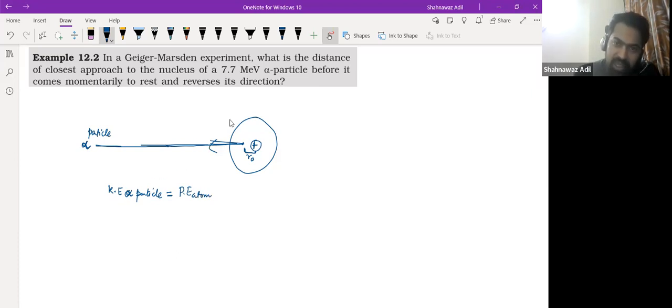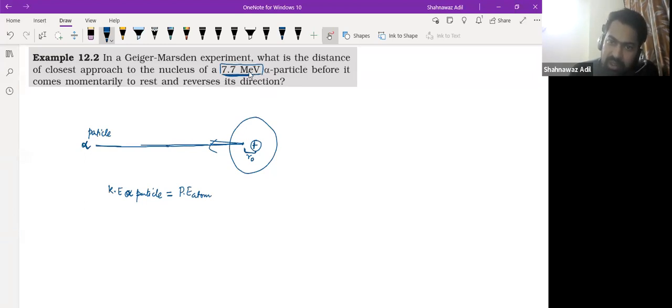Now, what is this thing which is given? It is mega electron volt, which I told you earlier is a unit of energy.